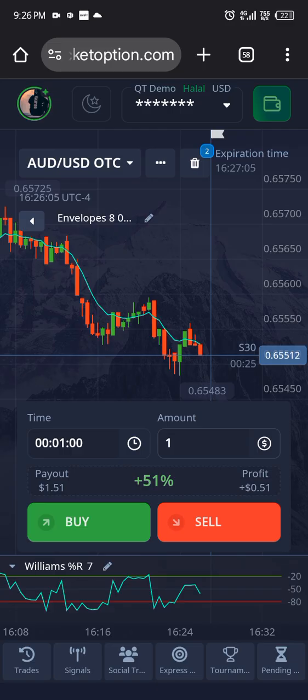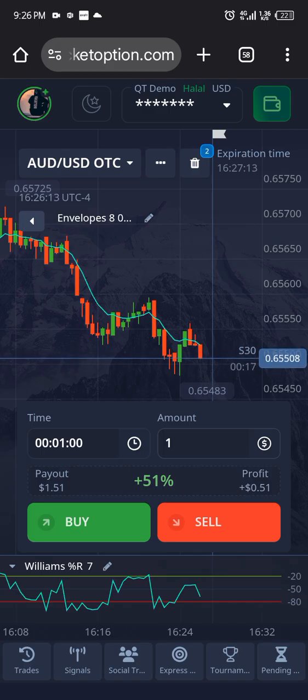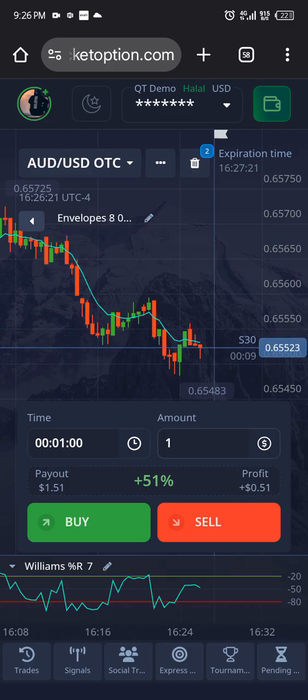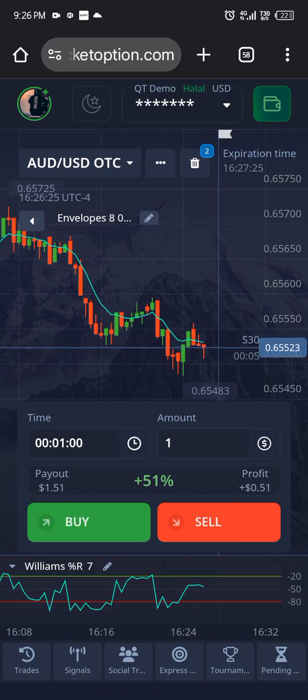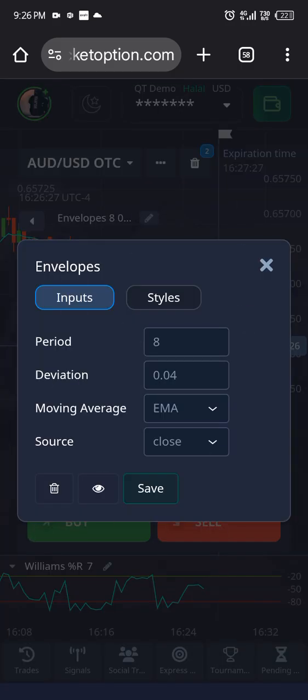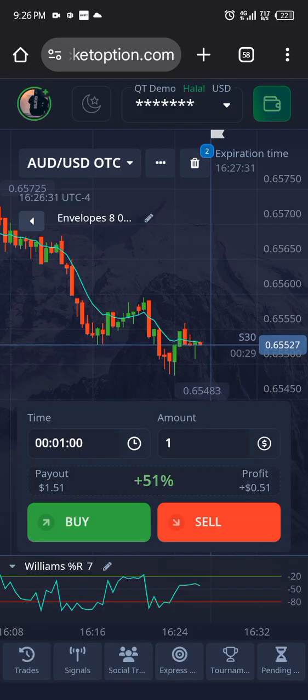So if you lose the trade, you multiply this one by 2 and go in the same direction so that you recover your losing trades. I don't know whether you know it. So I combine the use of this strategy with the Williams percentage R and this envelope moving average. This moving average, I will send the configuration to you.